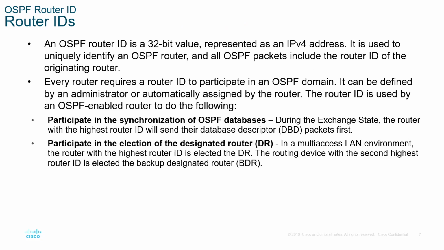Alright, so let's talk about the router ID. This router ID looks like an IPv4 address. Looks like. Don't forget that, Noah. Because it is not an IPv4 address. It looks like it. Why does it look like it? Because it's also a 32-bit number, okay?